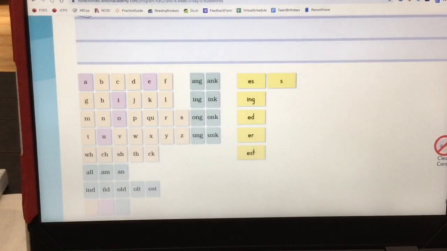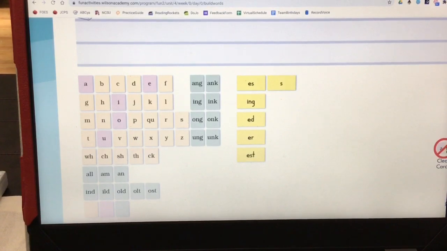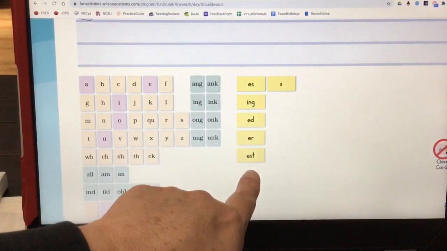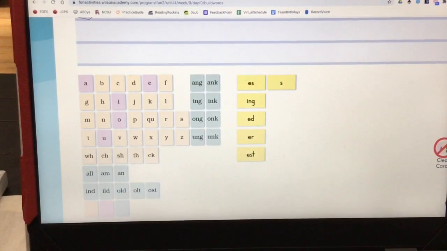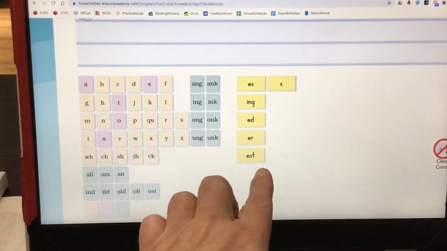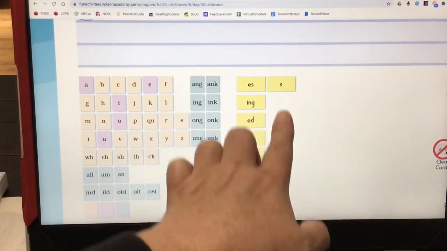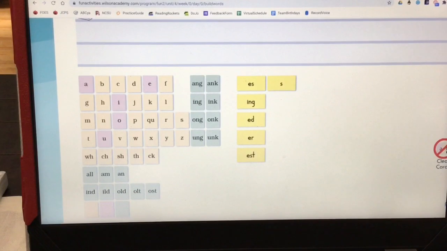I wonder why it's organized this way. What do you notice? Why is the S not just in this column with all these other suffixes? Well, it is nice and neat because the humans who made this sorted them into vowel suffixes and consonant suffixes.